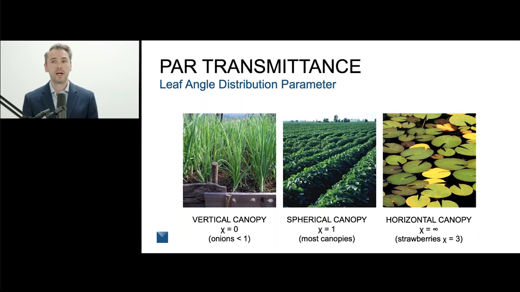Most canopies have a chi value of 1. And if you don't know the chi value of your canopy, it is typically safe to assume a value of 1. And we'll talk about here in another few slides how even if that's not quite true, you're not actually going to be making that much of an error by doing so.